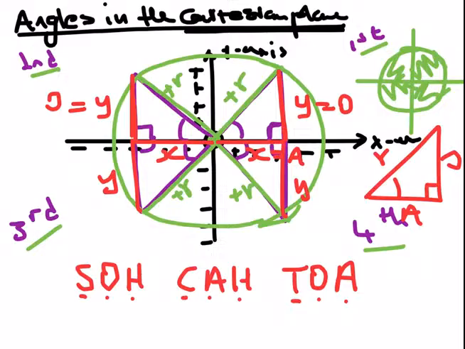So this would be y, r, x, r, then y, x. I will no longer refer to the opposite, hypotenuse, and adjacent, but to y, x, and r.